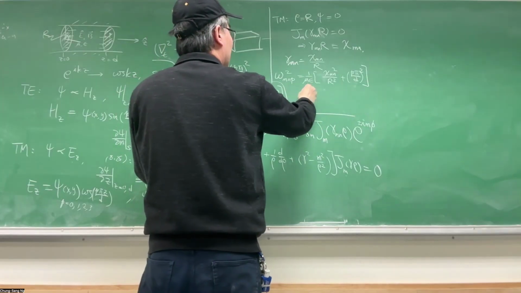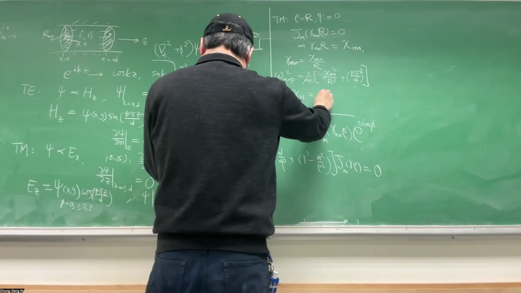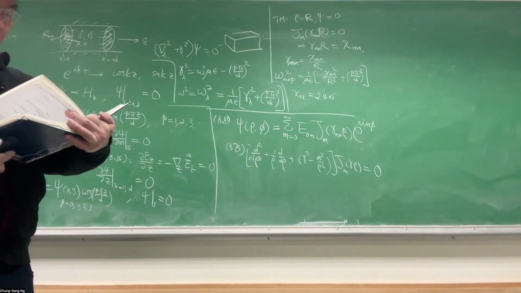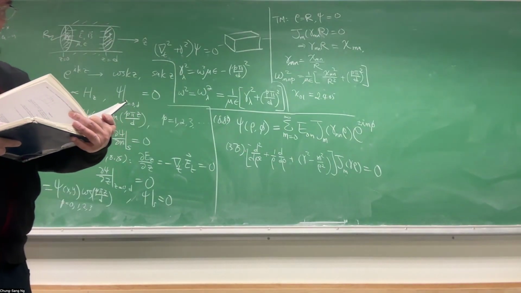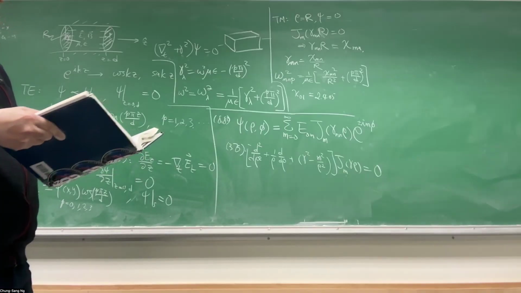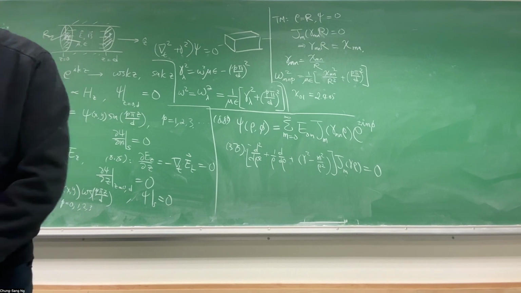So the lowest one is x01. x01 is 2.405 something. Right. That's the TM mode, but we need to consider the TE mode also.